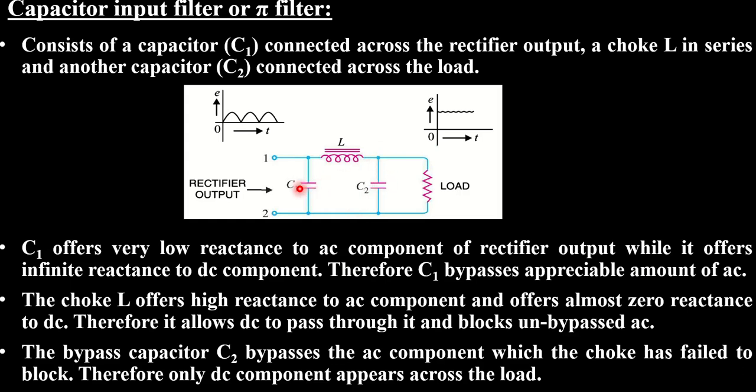So first C1 bypasses a portion of the AC component, then the inductor L blocks the remaining portion, and finally C2 bypasses the rest of the AC component which failed to be blocked by the inductor and failed to be bypassed by the capacitor C1. So what will reach across the load is almost pure DC. So three filtering actions are occurring in this pi circuit or pi filter or capacitor input filter.